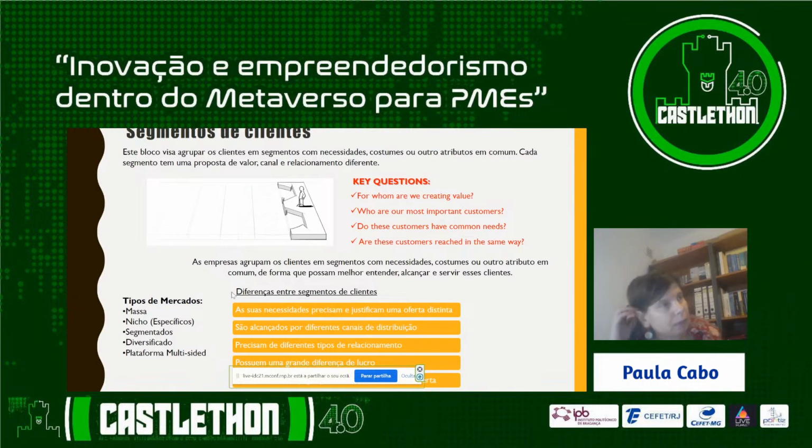And we can also have a more specific product or service for the ones that require going to the branch and having a face-to-face relationship with the bank. So the way we reach our customers can be a way to segment these customers.